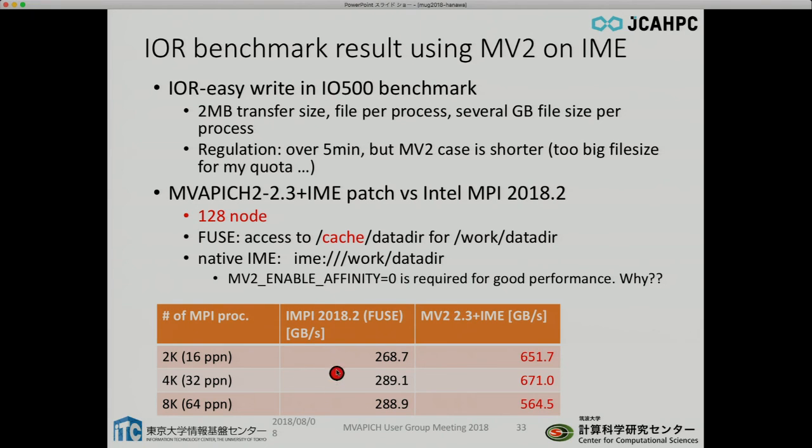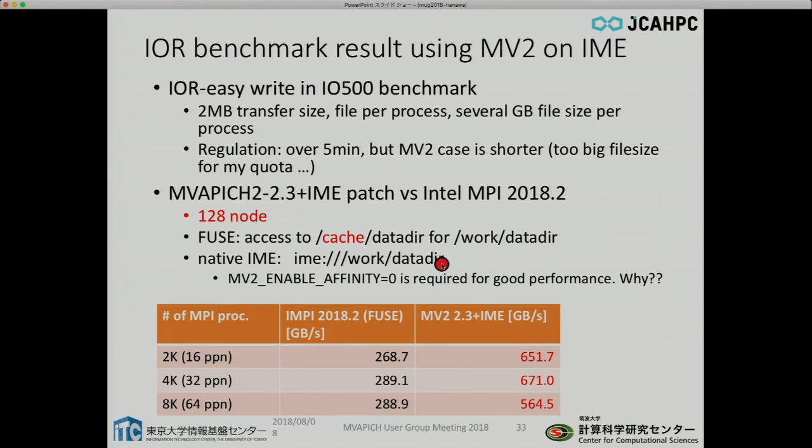But the Intel MPI is worse. Performance is 1/3 of the Ember pitch 2 case. And this number is almost the peak and IO500 maximum performance, so this number is very good.